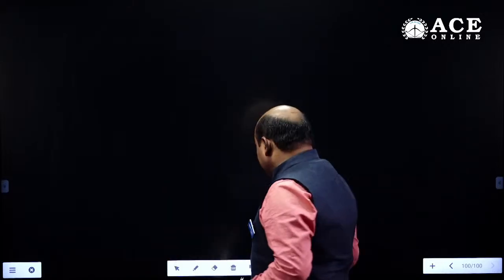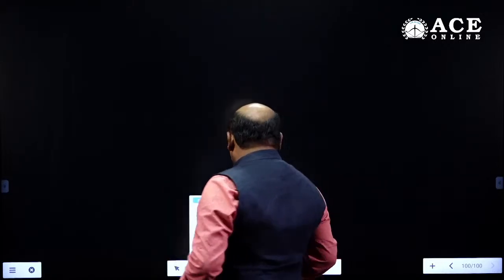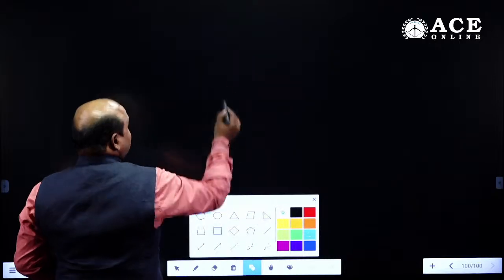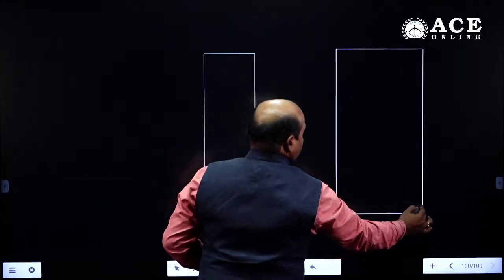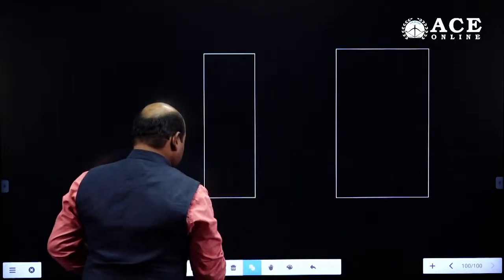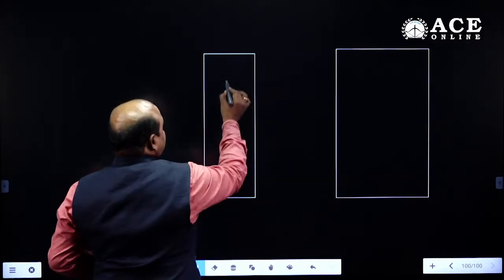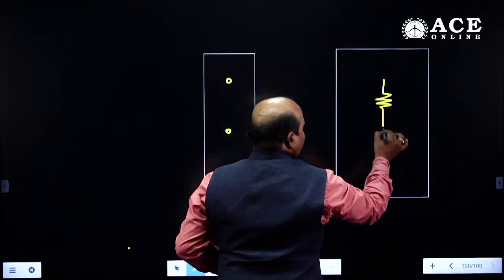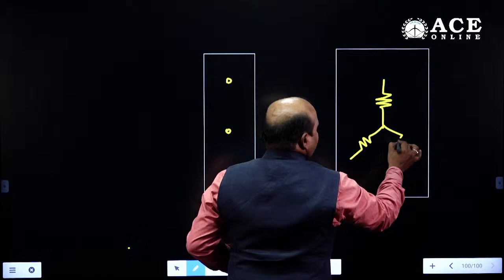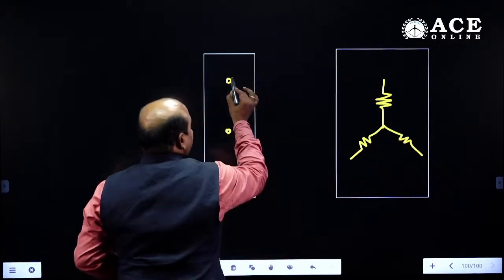This is a three-phase circuit. Here this is the three-phase supply and this is the load. Suppose you consider, see here, this is A, B, C and a resistive load is given, and the resistance per phase is also given.